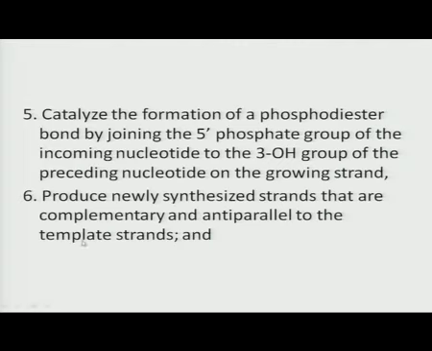DNA polymerase produces newly synthesized strands that are complementary and antiparallel to the template strand. So, the new strand polymerized by DNA polymerase will be complementary and antiparallel. If one strand is 5 to 3, the new strand will be 3 to 5.